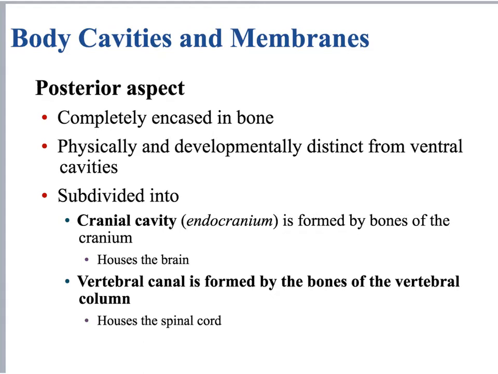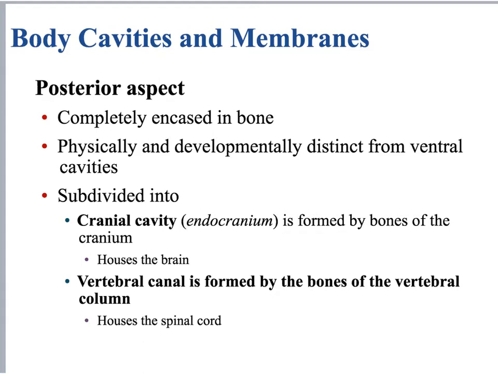The spinal cord. So that posterior aspect we call the dorsal body cavity includes the area inside the skull and the area inside the vertebral column. We can break that into two different parts. The cranial cavity, also called the endocranium, is the inside of the skull where the brain is housed.